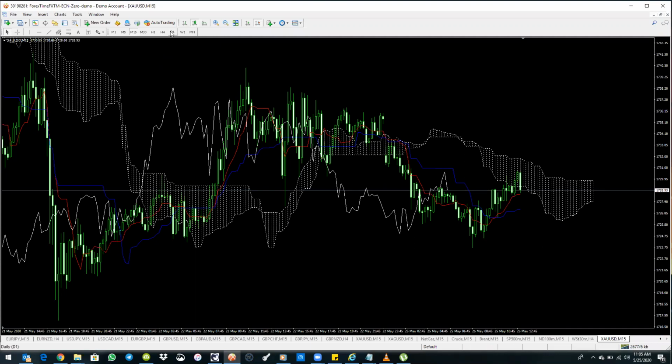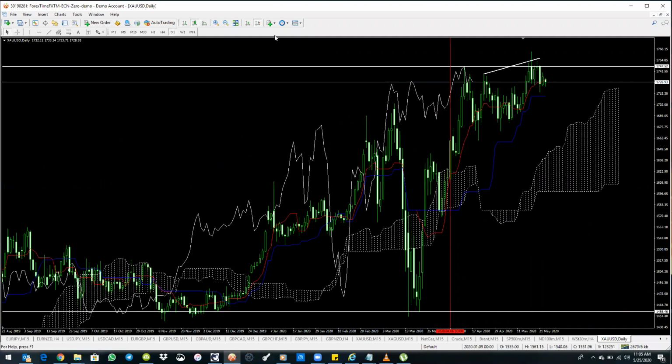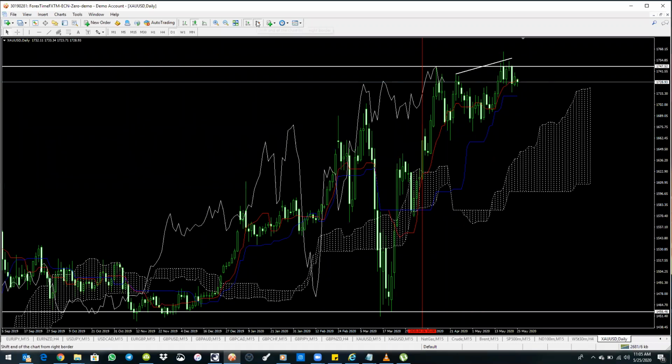Like I said earlier, we were looking at the daily chart. Once your price is trading above the cloud, this whitish zone that you are seeing is the cloud. Once price is above the cloud, it is bullish. Once price is below the cloud, it is bearish.